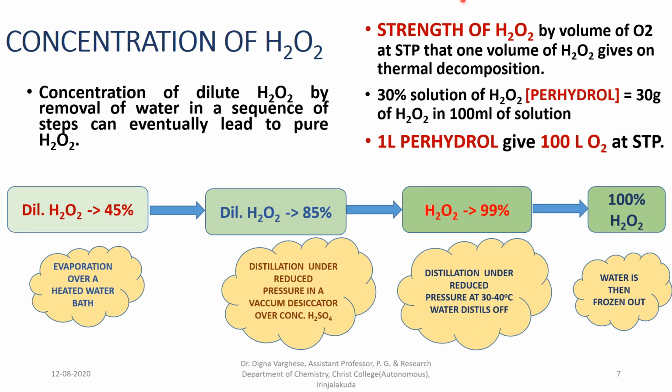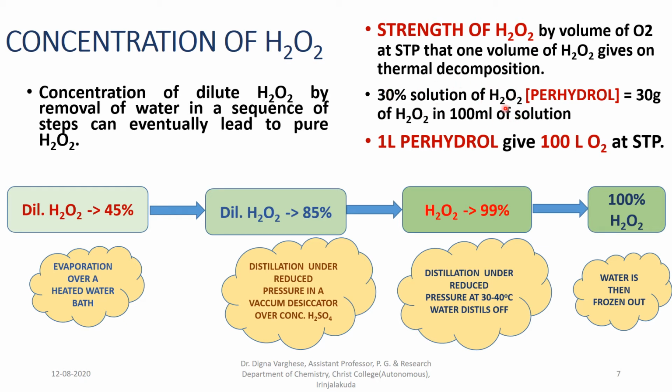How can we explain the strength of hydrogen peroxide? Strength of hydrogen peroxide is explained by the volume of oxygen at STP that one volume of hydrogen peroxide gives on thermal decomposition. It is explained only in terms of the volume of oxygen liberated from one volume of hydrogen peroxide by thermal decomposition.